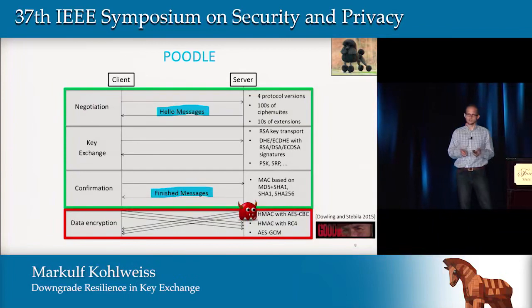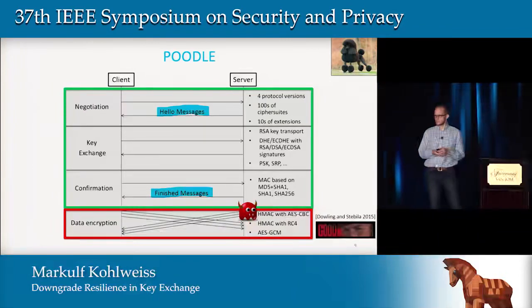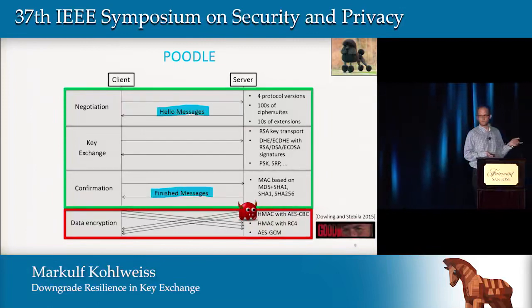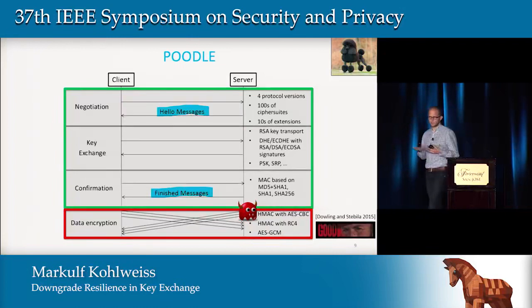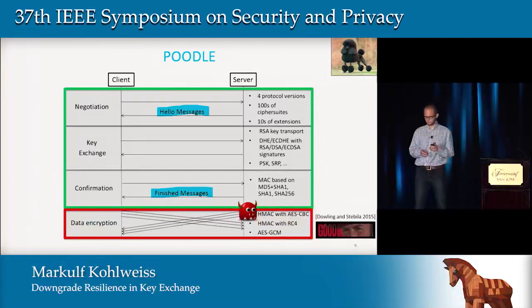As the whole handshake is assumed to be secure, it falls within the scope of traditional provable security results. And indeed, the closest prior work by Dowling and Stebila showed this. So this is somehow the good case. This is what we could do before our paper.